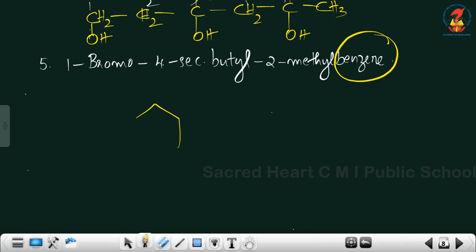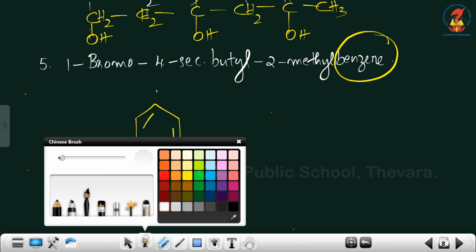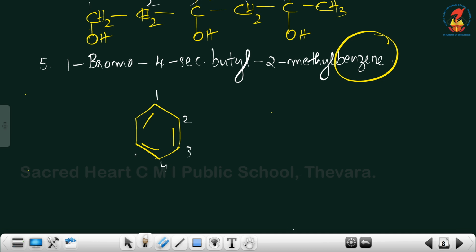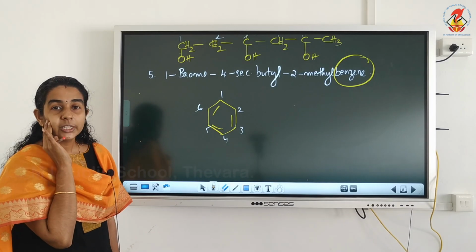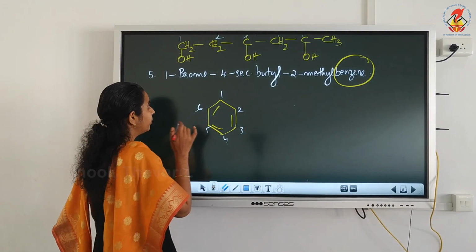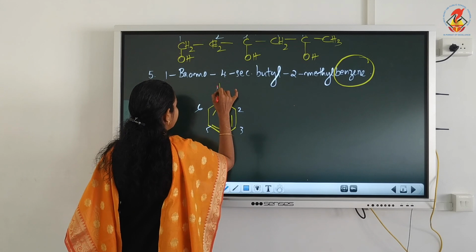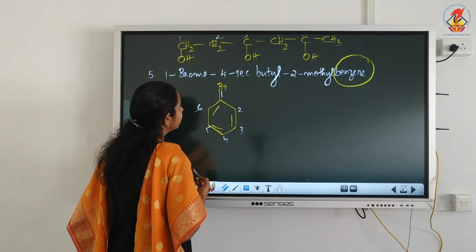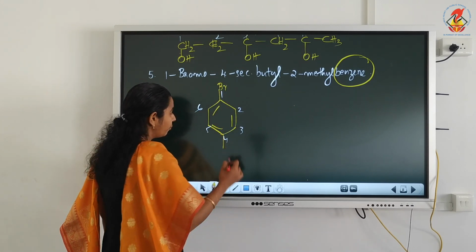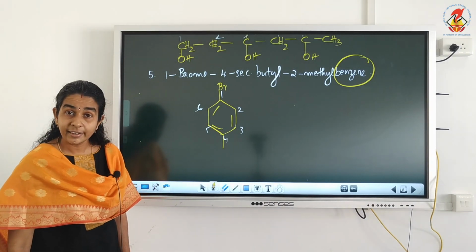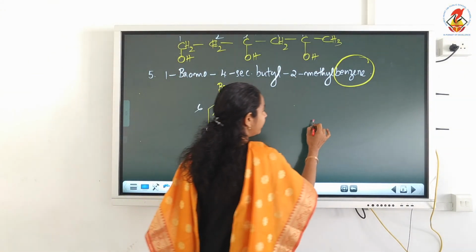So draw one benzene ring first and give continuous numbers 1, 2, 3, 4, 5, 6. Now write all the prefixes. 1-bromo. On the first carbon there is 1 bromine. 4-secondary butyl. On the fourth carbon there is a secondary butyl group. What is a secondary butyl group?